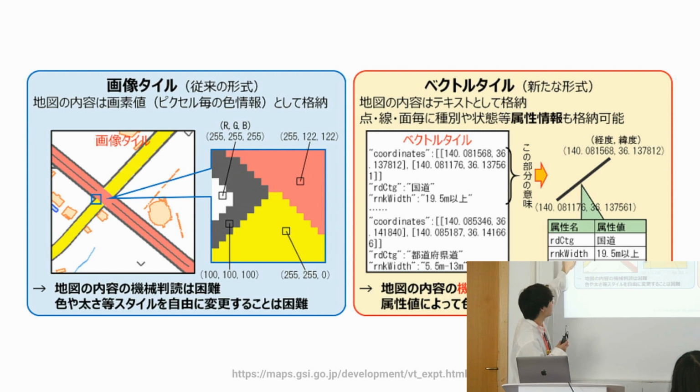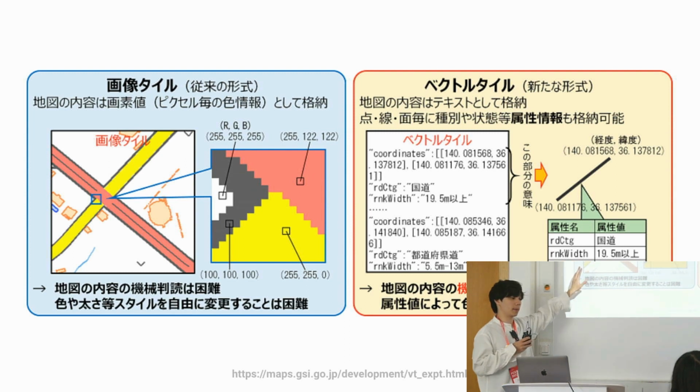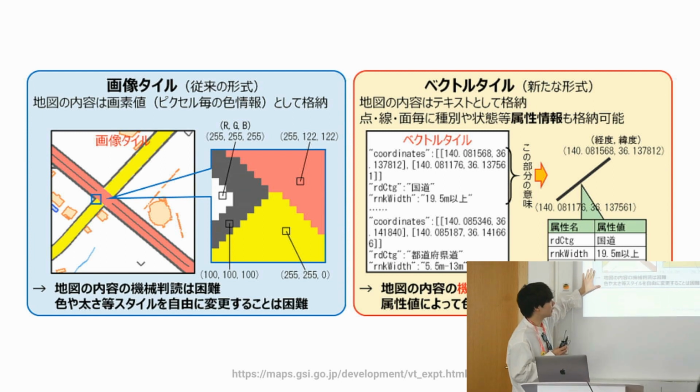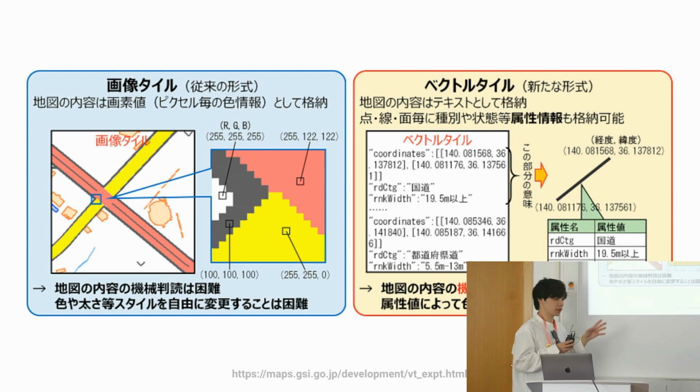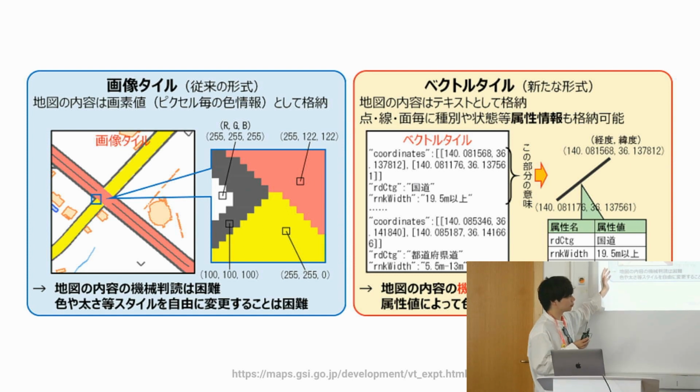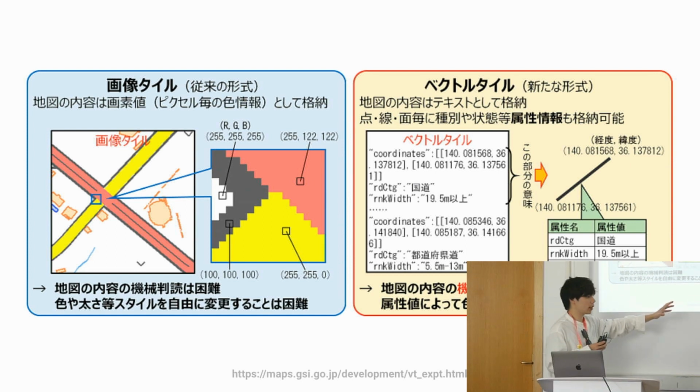On the other side is a raster tile. A raster tile is a picture based on pixels. We can see the picture, but machines, such as a PC, cannot read it because of the pixels. They look similar, but the information they include is quite different.